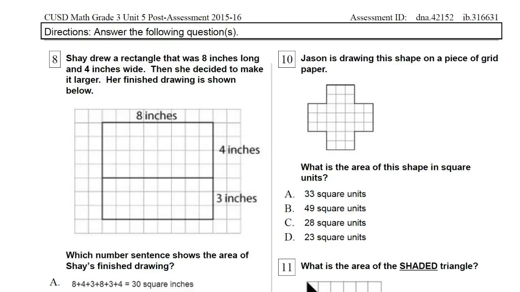Just count all the squares. That's one way to do it. So 1, 2, 3, up to 33. That's what I have.